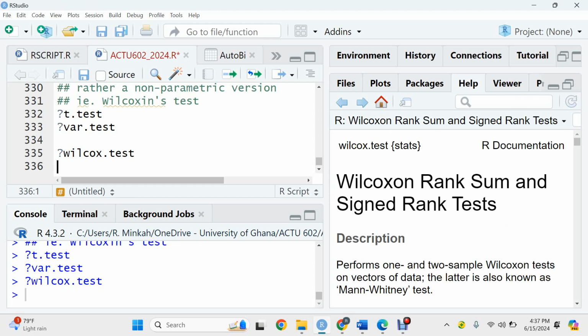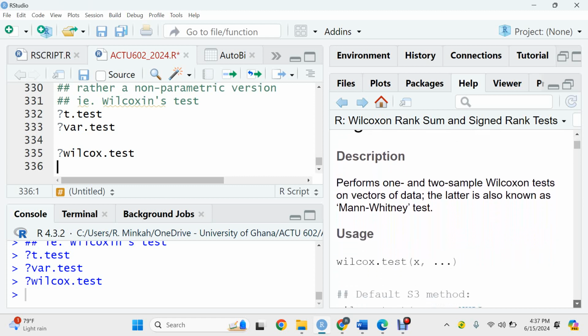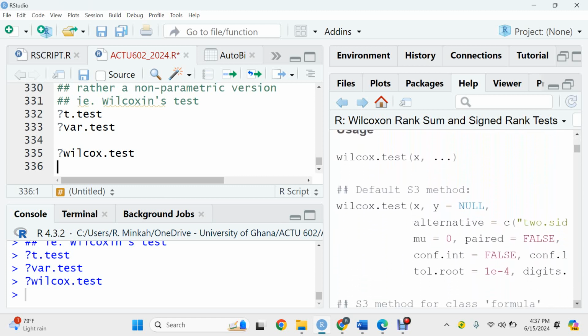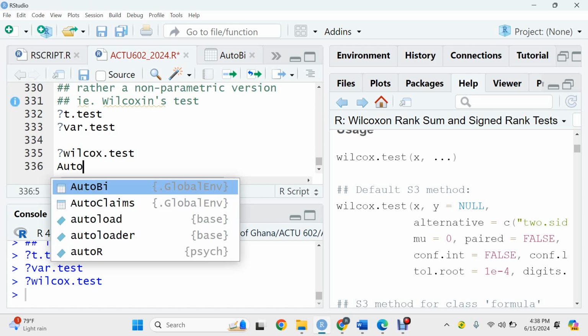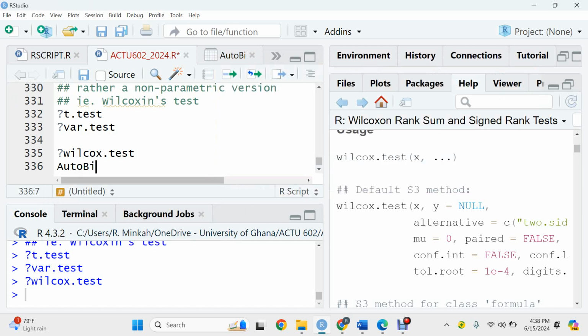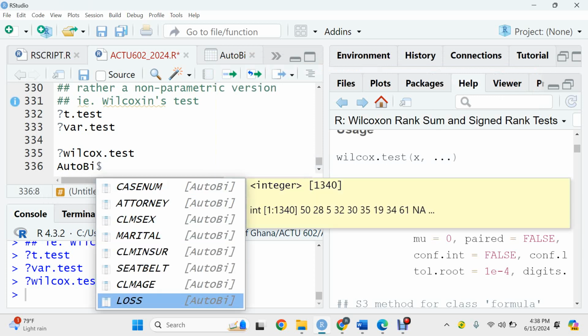So here it is the Wilcoxon test, the same as the T test, almost the same, right? But what I don't know now is how to arrange them. So, auto BI, let me just try and finish this soon.